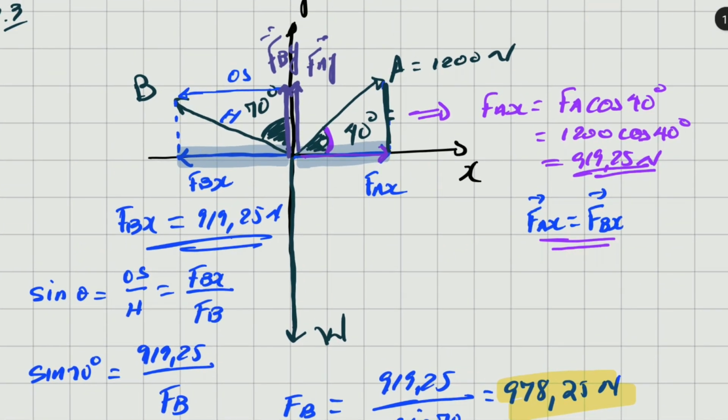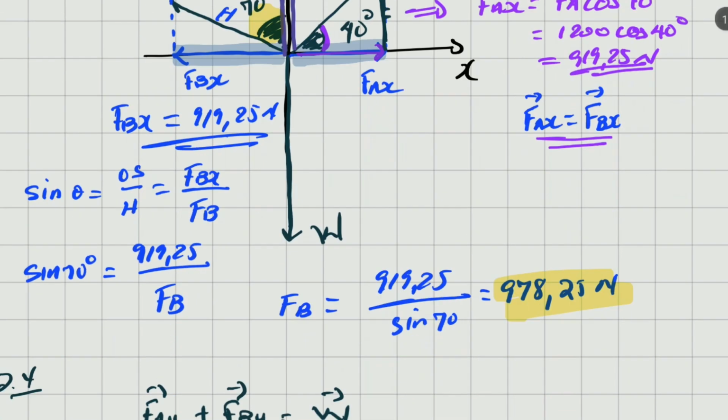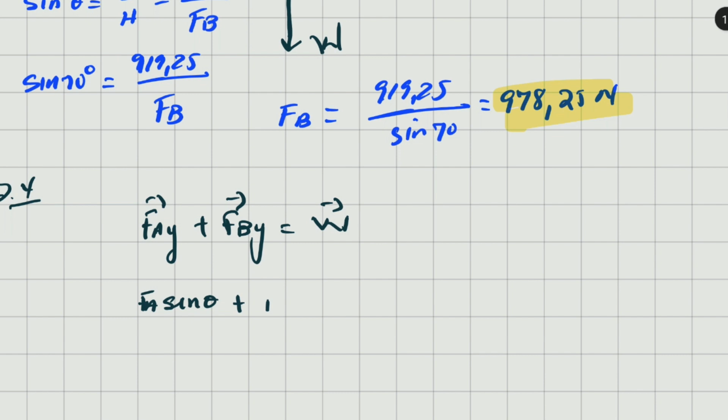Now be careful, because the angle is that one there. So if the angle is this one here, then we are not talking about the opposite, we are talking about the adjacent side, plus FB cos theta, which is in this case 70.